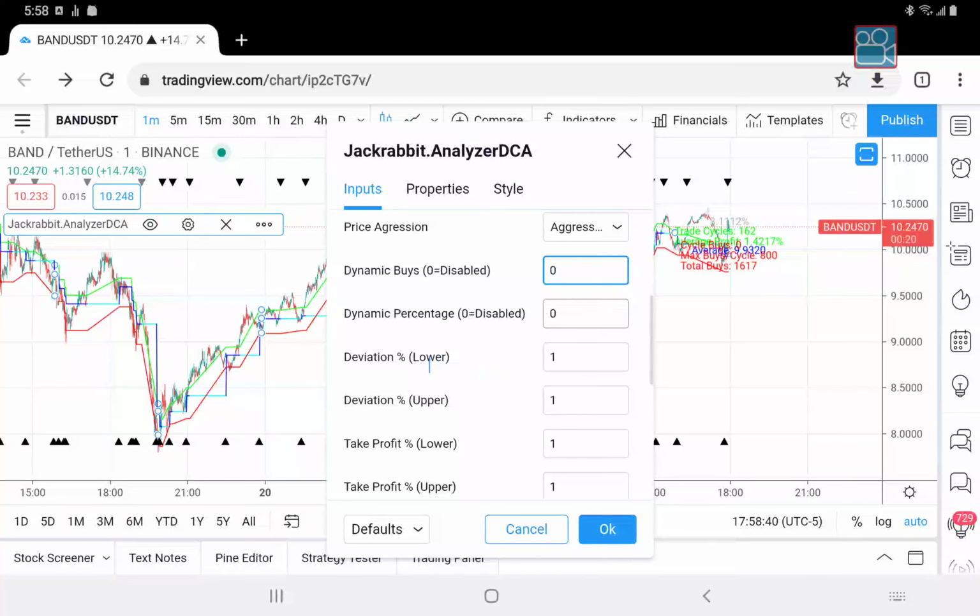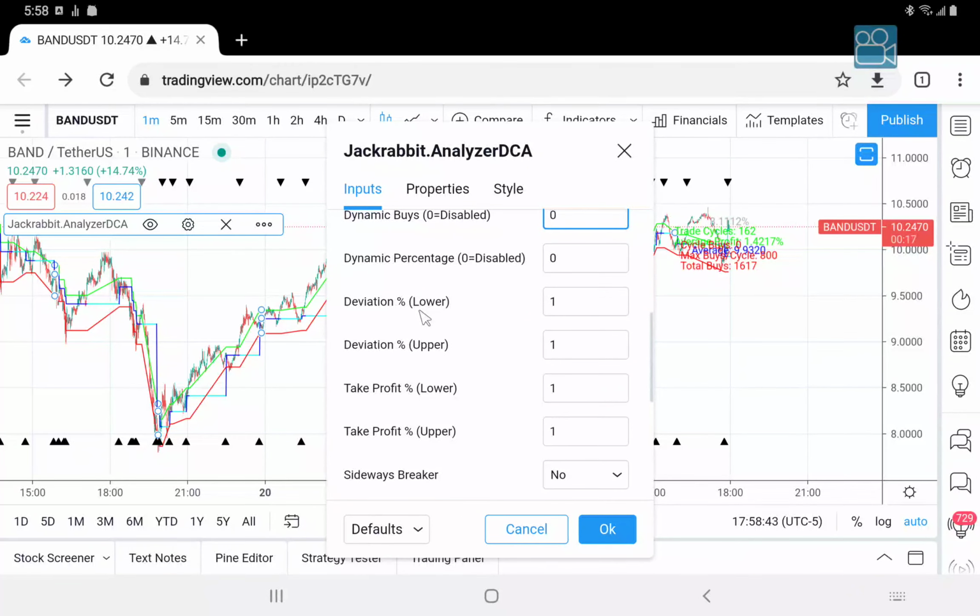And let's talk about dynamic deviation. Now, depending upon how you set this, like take profit, it can start low and increase, or it can start high and decrease. For example, it will take over the life cycle based upon the maximum buys per cycle and fluctuate between 1 to 8% based upon a ratio created by the maximum buy cycle.